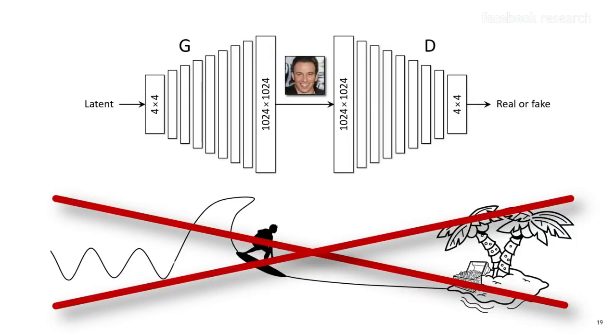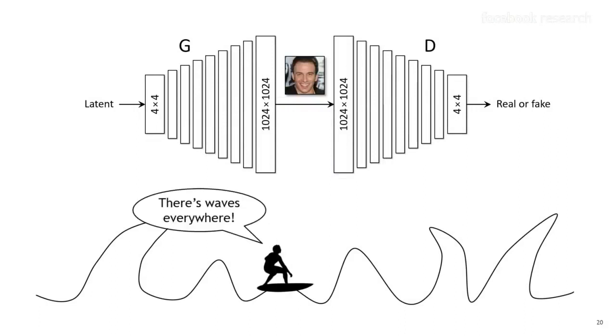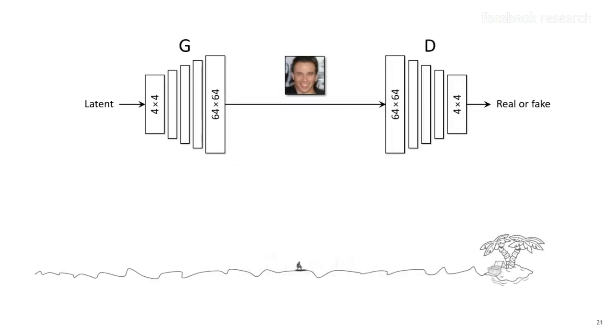So it's almost as if we had thrown the surfer in the middle of the ocean. There's waves everywhere, and the shore is nowhere to be seen. In many ways, we are now looking at the situation from too close. If we decrease the resolution, it's like zooming out. We get a much clearer view of the big picture, but we can no longer discern the smallest waves.